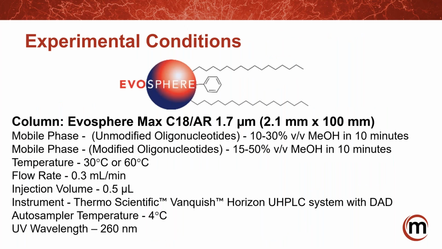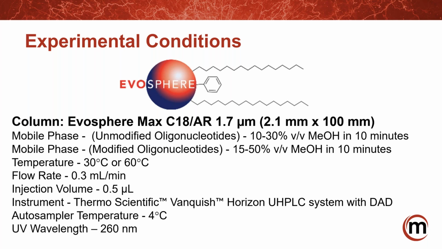The experimental conditions that we decided to run: we actually looked at 3 different phenyl chemistries. We looked at the phenylhexyl, the diphenyl, and the C18AR, C18 and aryl column. With the diphenyl, you see very different selectivity, but the oligonucleotides have this long backbone of hydrophobicity.